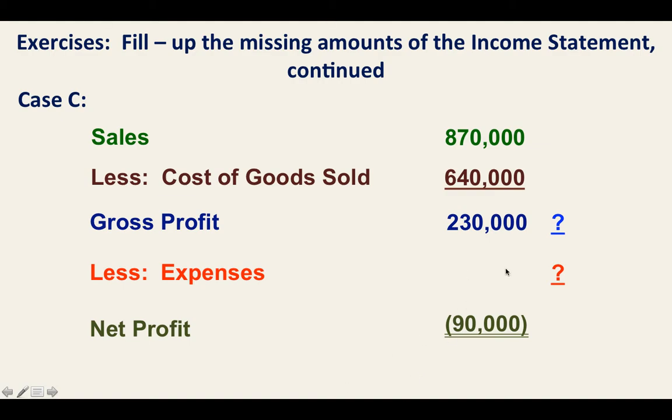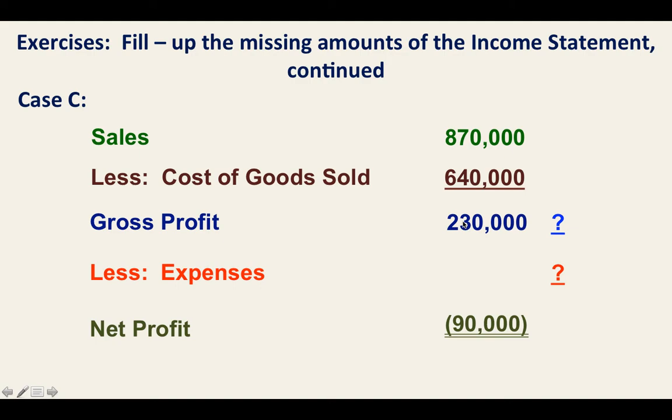Okay? And now you need the gross profit and net profit to get your expenses. So 230,000 minus expenses gave a negative amount of 90,000. So what does it mean? The reason why it is negative is because you are deducting a higher amount from gross profit.